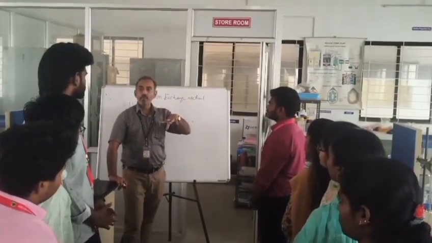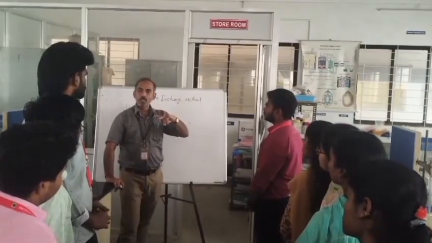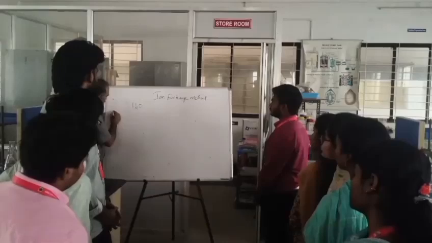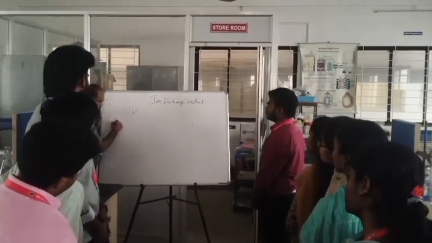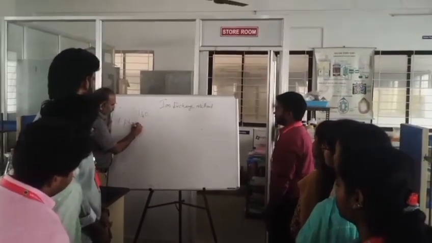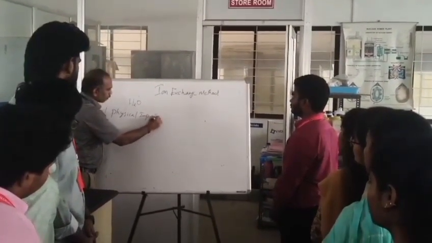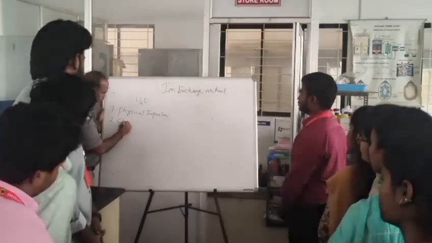So we classify three types of impurities: chemical impurities, physical impurities, and biological impurities. First is physical impurities. Second is chemical impurities.